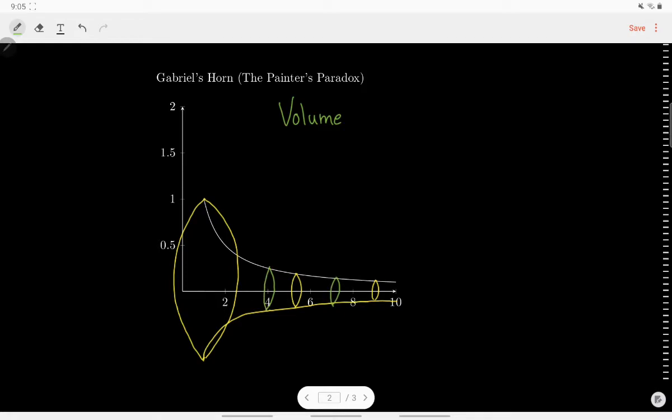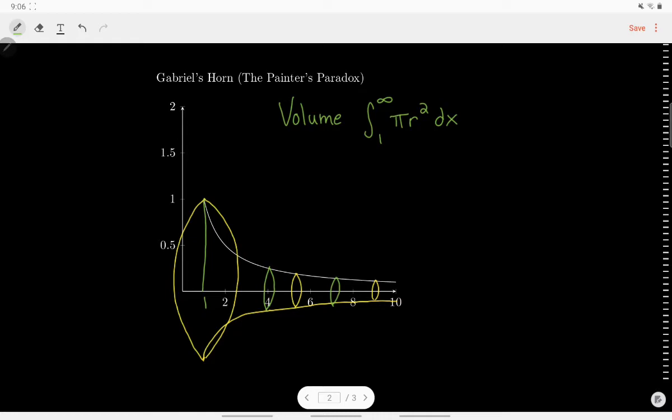Every cross section is a circle, circle, circle. And I have circles going from 1 to infinity. So my volume is going to be adding up the area of those circles from 1 to infinity. But what's the area of a circle? It's pi r squared. So I just need to figure out the radius for each circle.